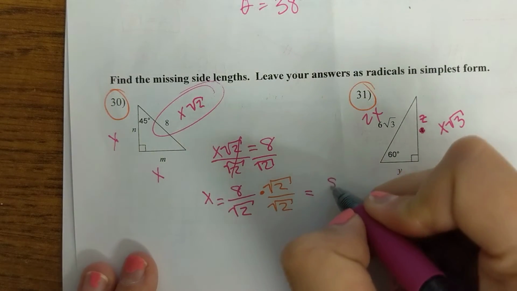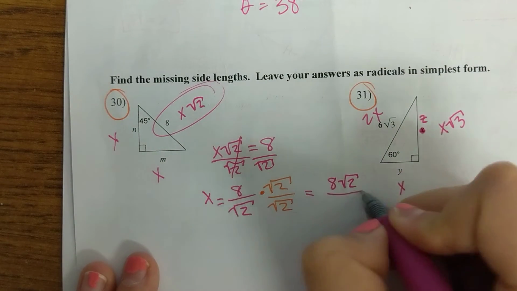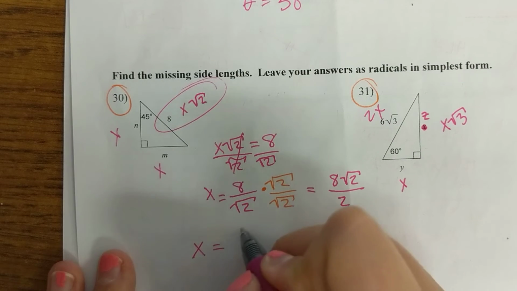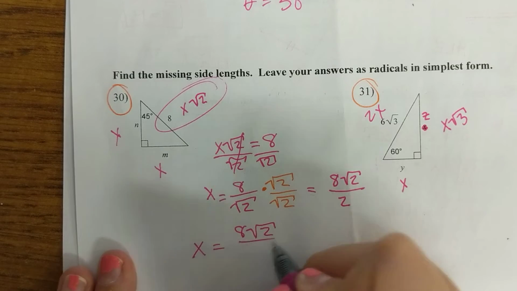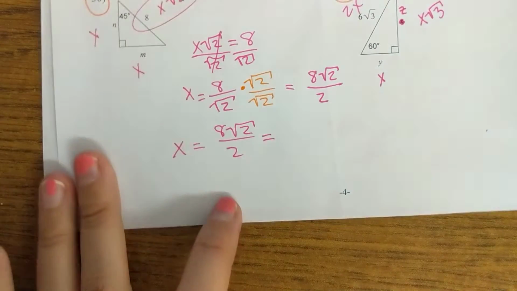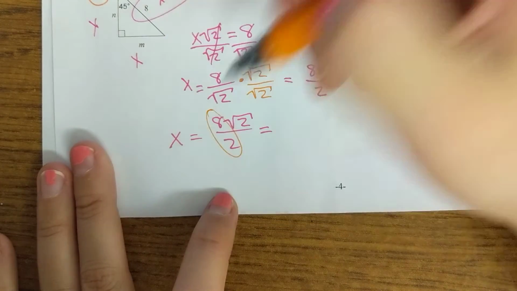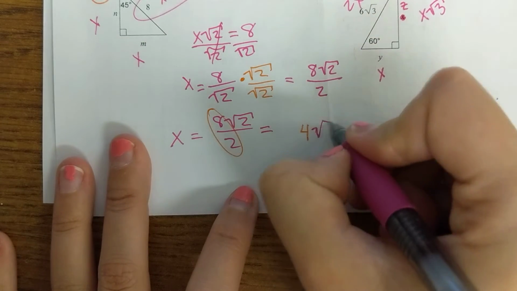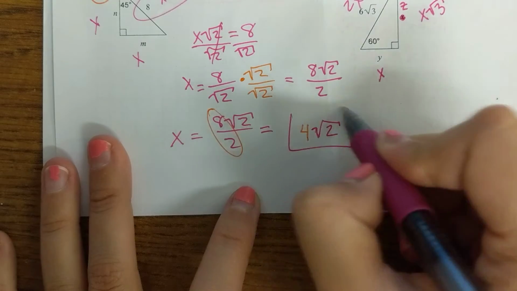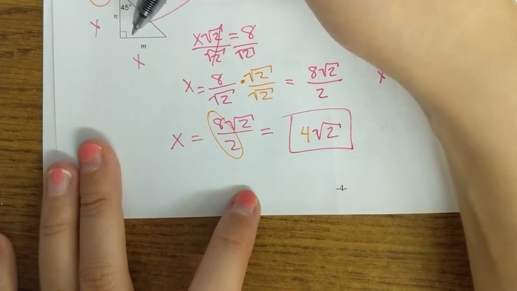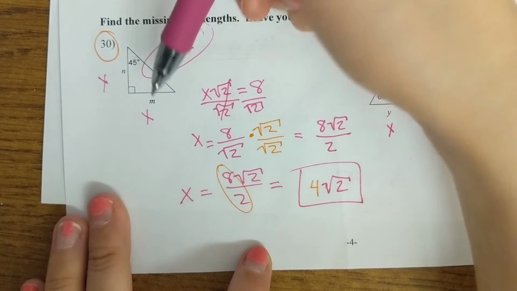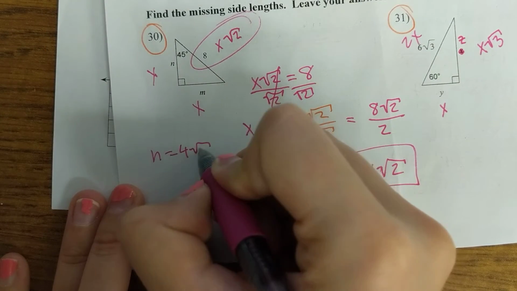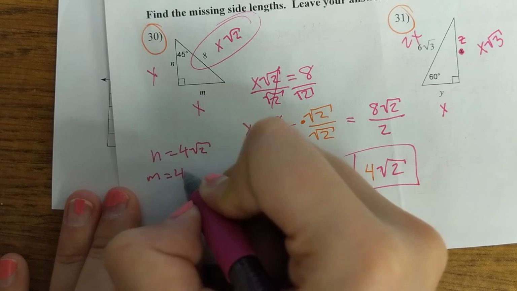And we get 8 root 2 over root 2 times root 2 is 2. Hey, we can actually reduce that. I'm running out of room over there, so I'm going to put it here. 8 over 2 is 4. 4 root 2 is the length of x, the short side. Hey, guess what? That's n and m. So n equals 4 root 2, m equals 4 root 2.